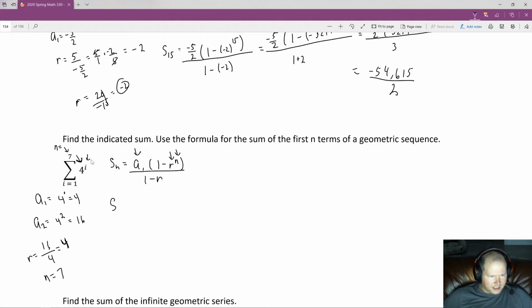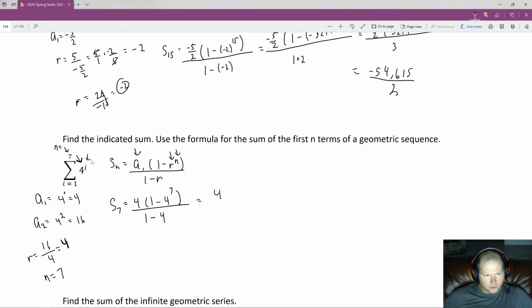So we say S7 is equal to the first term, which is 4, times 1 minus the multiple, which is 4, to the n, which is 7, all over 1 minus r, the r being 4.